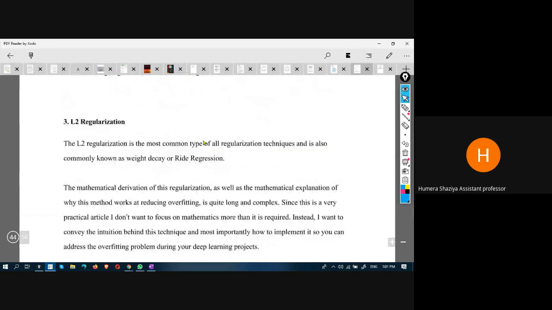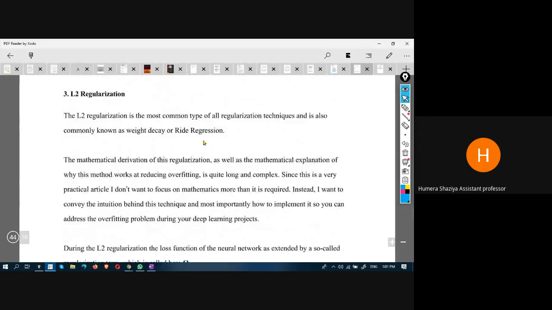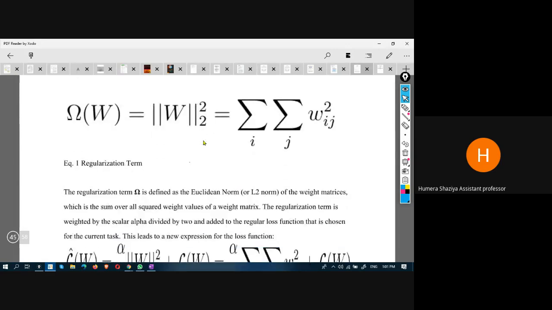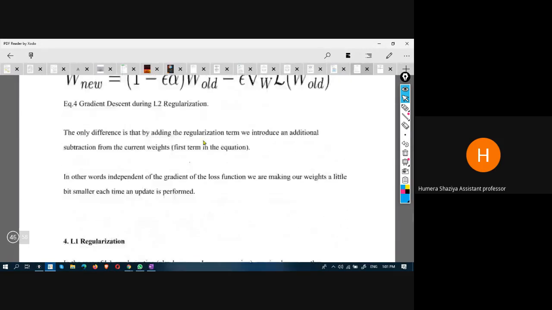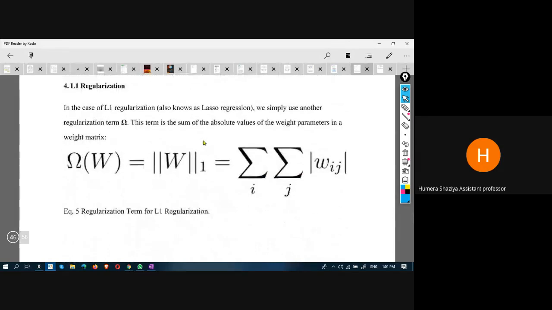So L2 regularization is also known as ridge regression or weight decay. L1 regularization is lasso regularization. So here you add one extra term, and because of that term, it is expected that overfitting is reduced. And L1 regularization is also known as lasso regression.